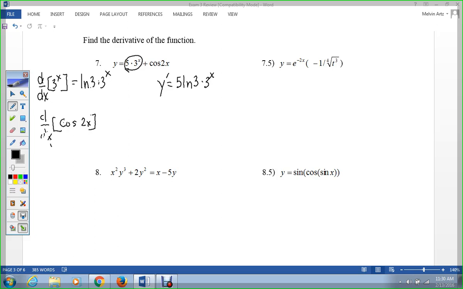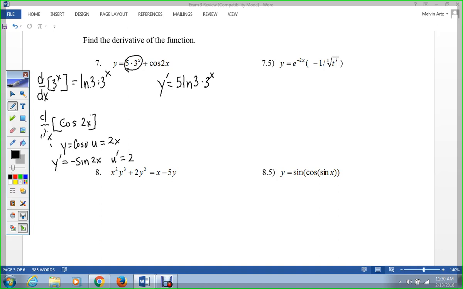Now the derivative of cosine of 2x, the inside function is 2x. If you wanted to say that's your u, and your outside function would be cosine of u. So we take the derivative of these two, multiply them together. y prime then would be negative sine of u, but u is 2x, and then u prime is just 2.